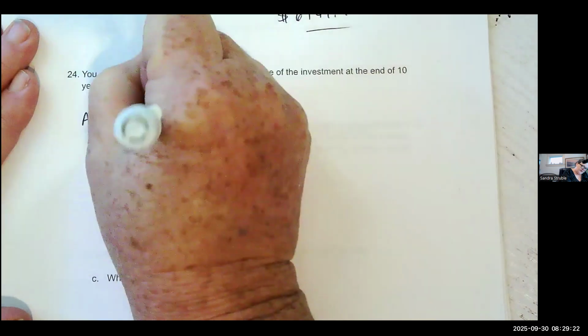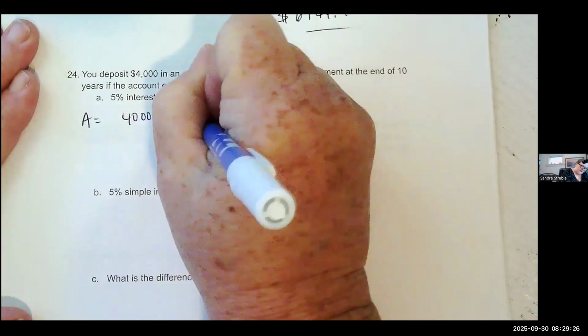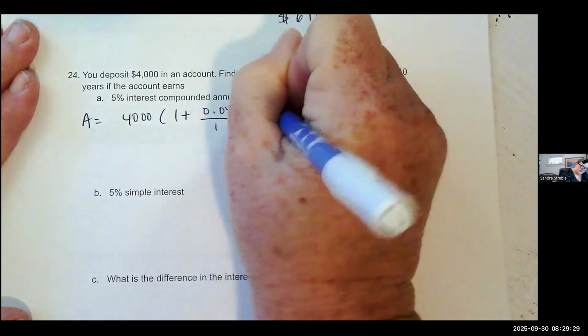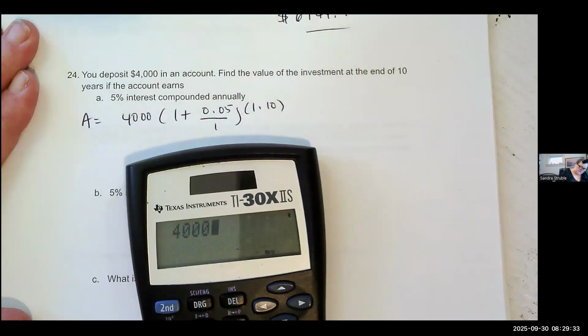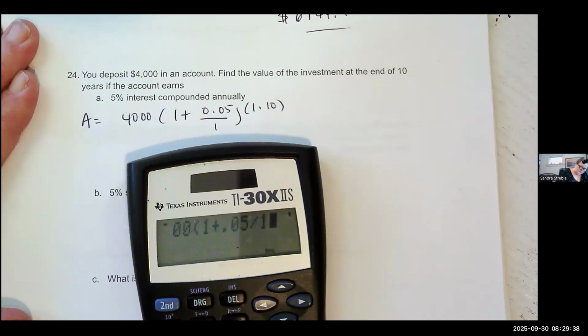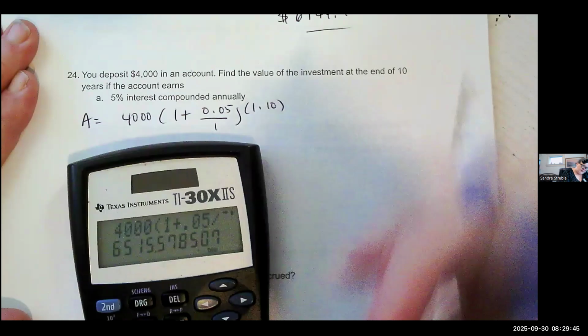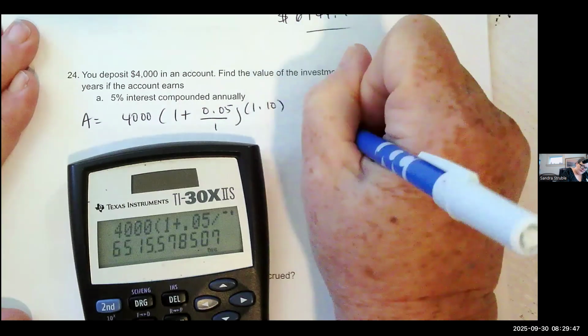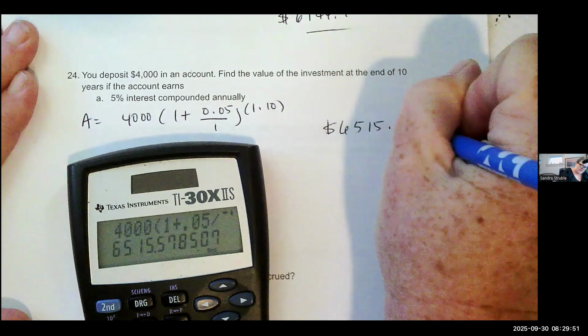You're investing 4,000, 0.05 annually for 10 years. So after 10 years, you're going to have $6,515.58.